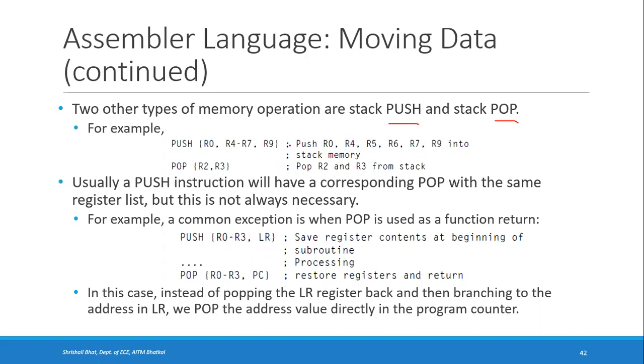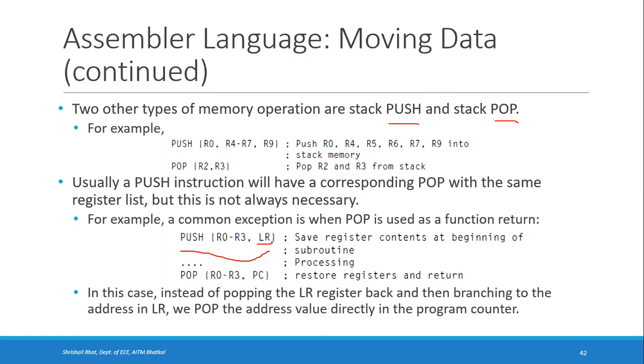Suppose there is an example here. When you use push R0 to R3 and the link register, what happens in this case? You are going to push the registers R0 to R3. Then you are also pushing the link register, LR. What do you have in the link register? In the link register, you have the address of the next instruction to be executed.